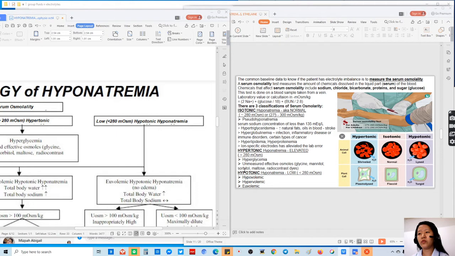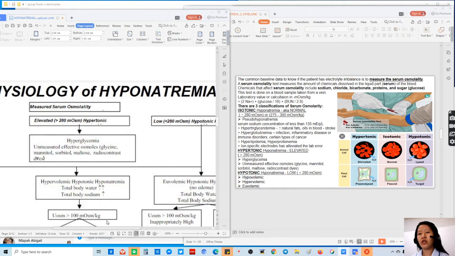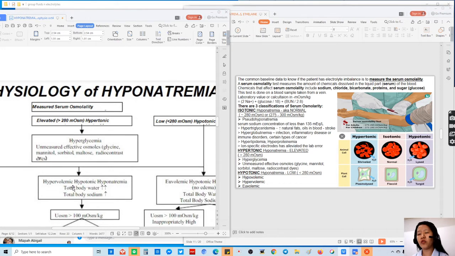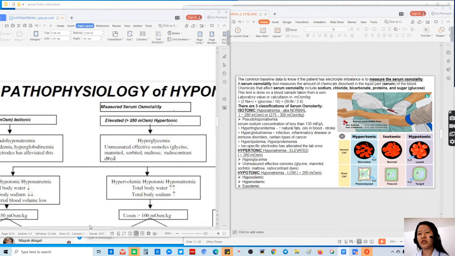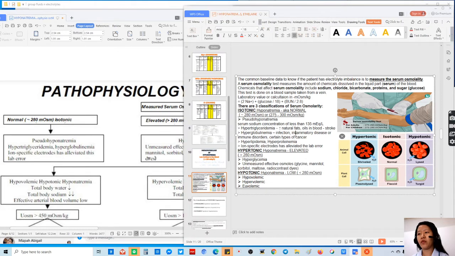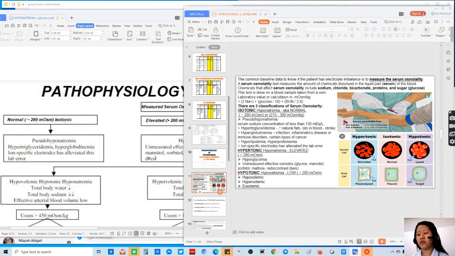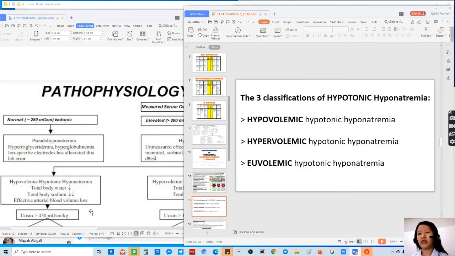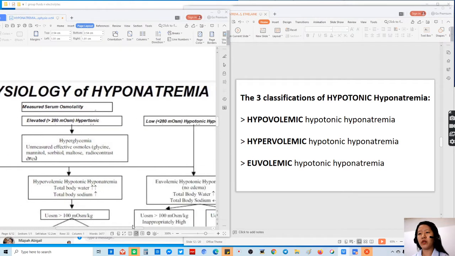Then for the low, hypotonic hyponatremia, there are three classifications: the euvolemic hypotonic hyponatremia, hypervolemic hypotonic hyponatremia, then hypovolemic hypotonic hyponatremia. So these are the three classifications of hypotonic hyponatremia.